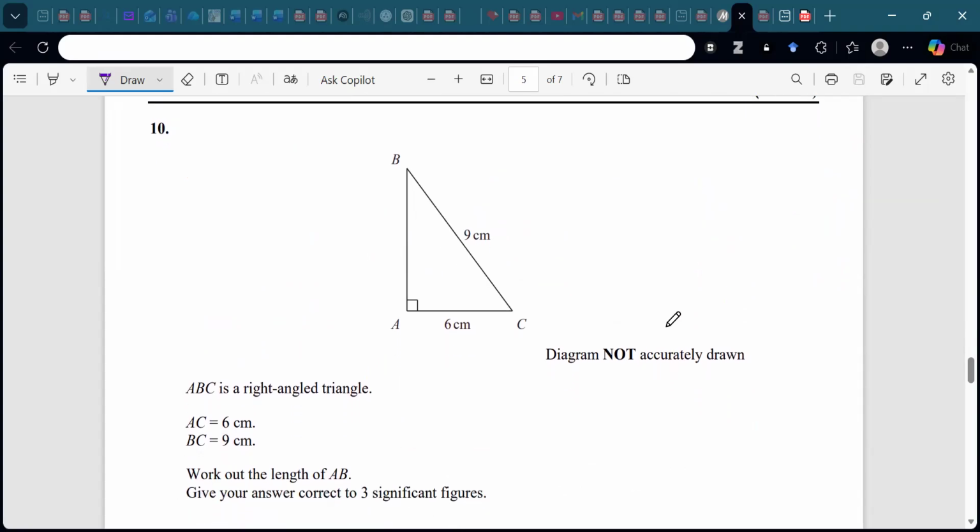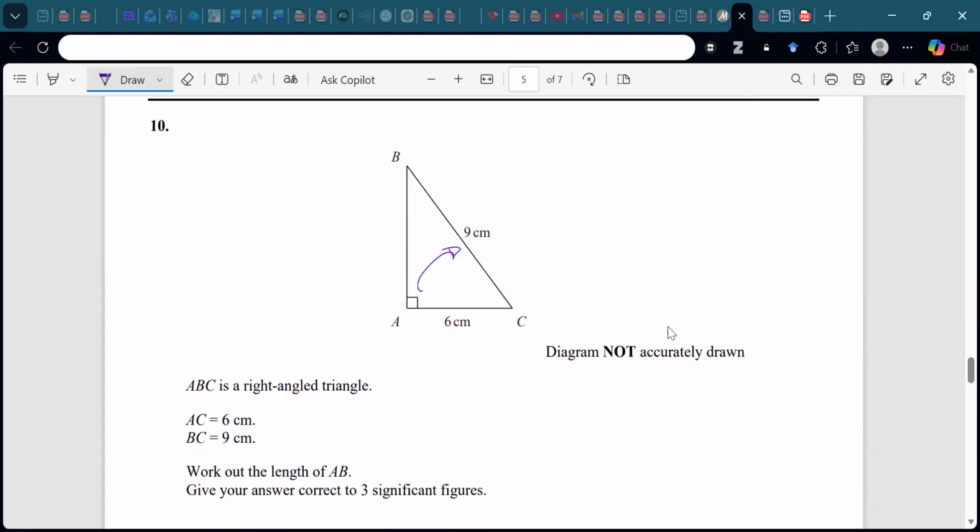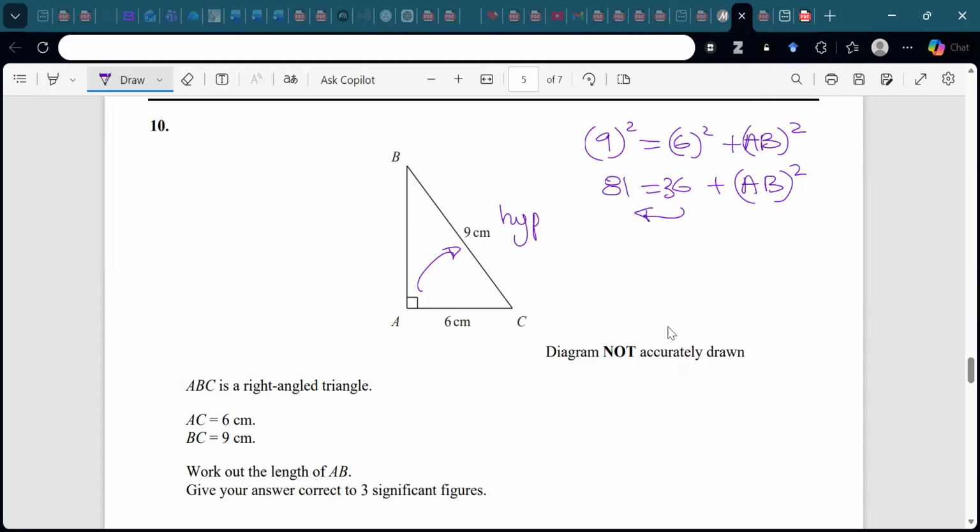All right, so we're almost finished with this worksheet. So this side, hypotenuse. All right, so if we have the hypotenuse and square it, it's equal to the sum of the other two sides squared. We can call this side AB. So we are solving for AB.